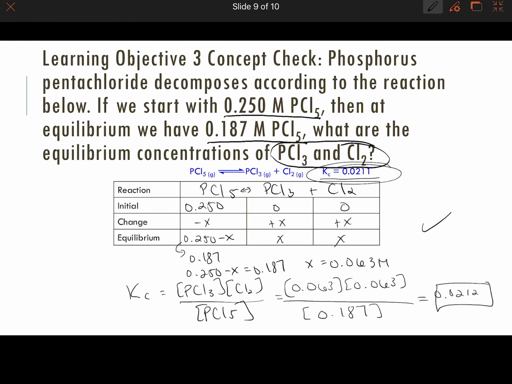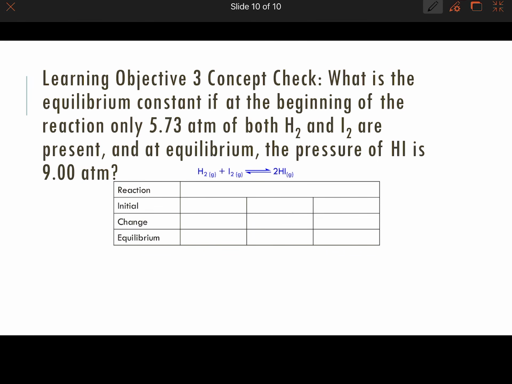Okay, let's try another one where we actually solve for our equilibrium constant. So we want to solve for our equilibrium constant if we have the following reaction. So we start out with 5.73 atmospheres of H2 and I2, and at equilibrium we have an HI pressure of 9 atmospheres.